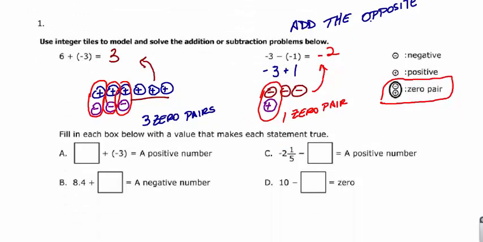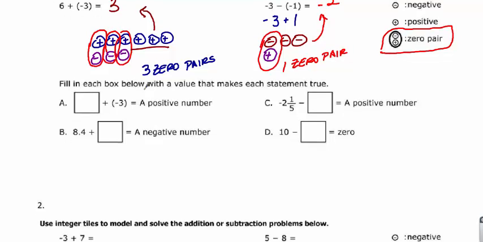All right, now let's move down to these. And these are integer logic statements. So the first statement is, we are taking an unknown number. We're adding negative 3, and we're getting a positive. Well, this is negative 3, which means we have to cancel all those negatives out and have positives left. We need a number that is at least 4, greater than or equal to 4, if we're staying with integers.